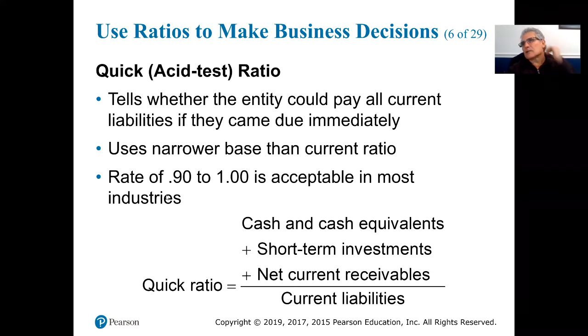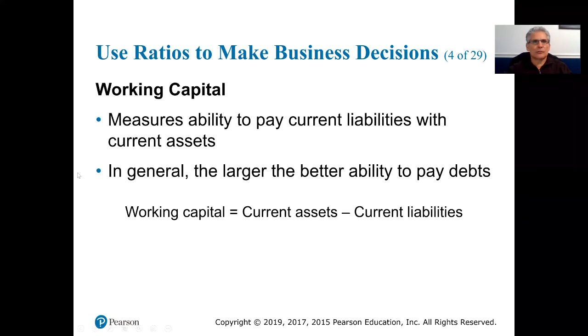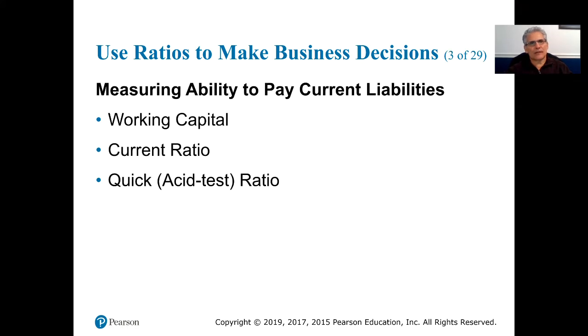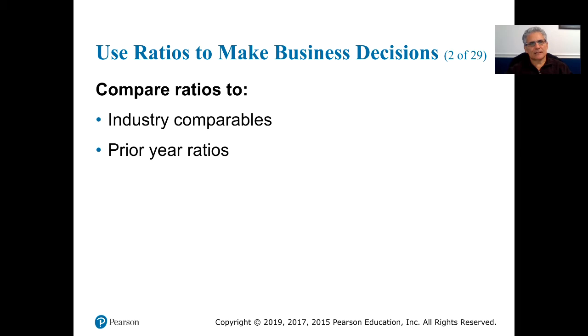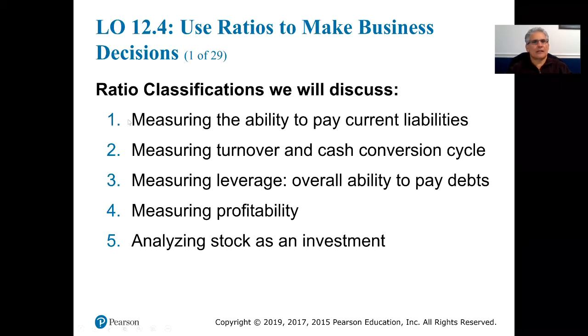Okay, so let's go back to the slides. We just looked at measuring the ability to pay current liabilities. The next classification we're going to be looking at is measuring turnover and cash conversion cycle.